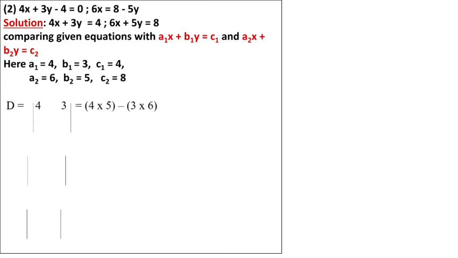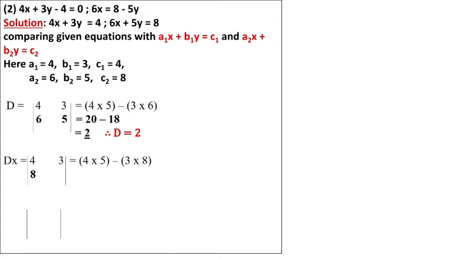Now here we will find D equals 4, 3 and 6, 5. So as we know, the formula we will use is 4 into 5 minus 3 into 6. 4 5s are 20 minus 3 6s are 18. So here we get 20 minus 18 is 2. That is, D equals 2.